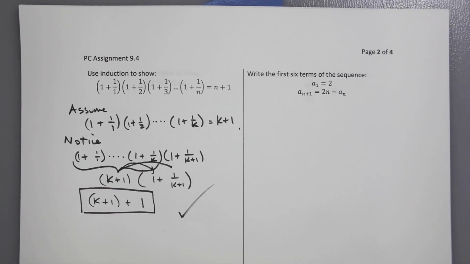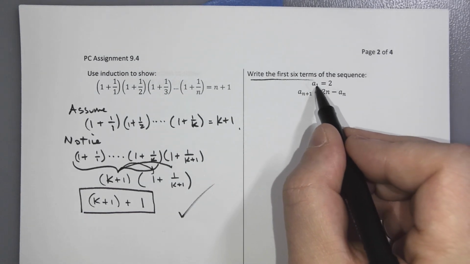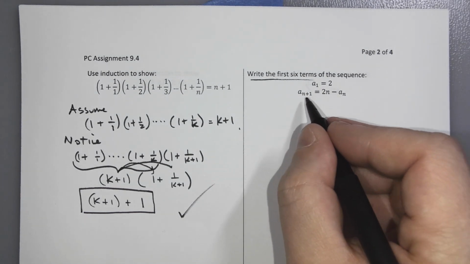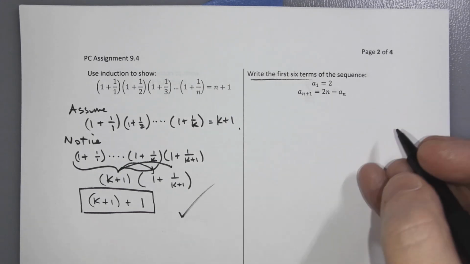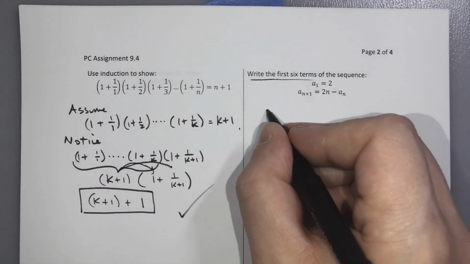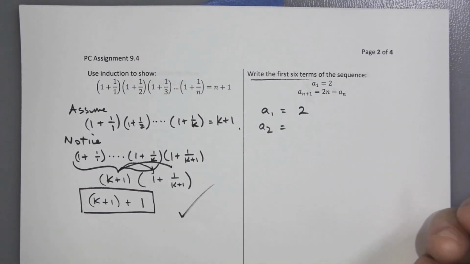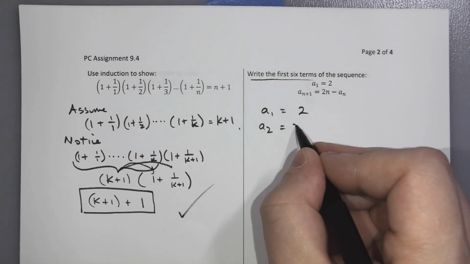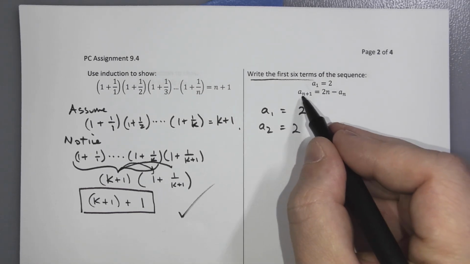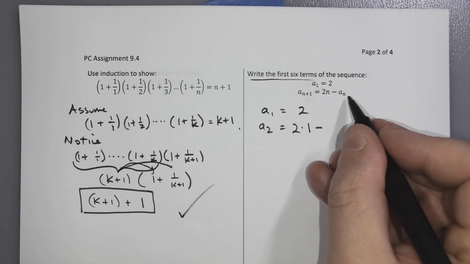Okay, write the first 6 terms of this sequence, in which the first term is 2, and then the next term is defined by 2n minus the last term, a sub n. Okay, fine. a1 equals 2. a sub 2 is equal to 2 times 1, since n would be equal to 1, minus the previous term.